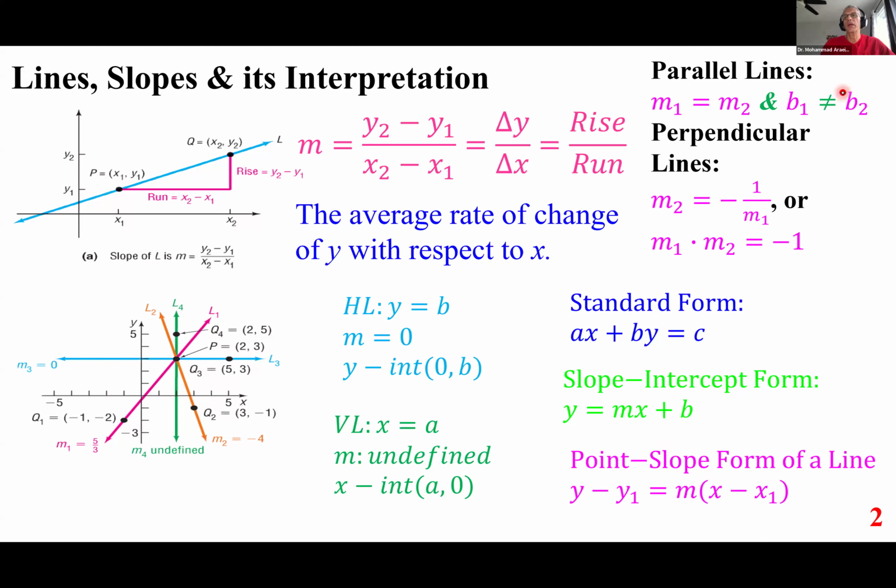Two lines are considered parallel if they have equal slopes and different y-intercepts, perpendicular if their slopes are negative reciprocals of each other, or simply put, if you multiply them, you get -1. So it's pretty straightforward. So those are various formats as far as the lines are concerned.